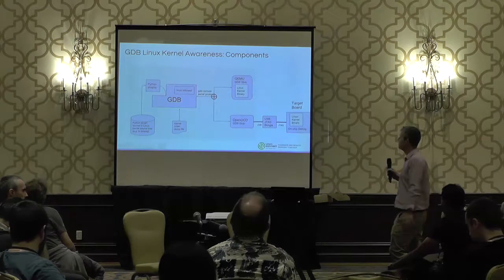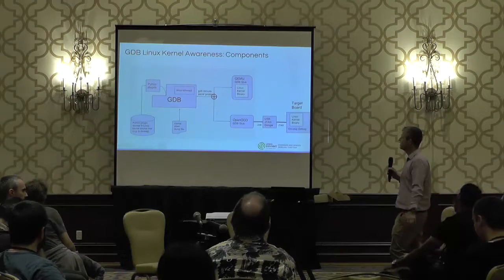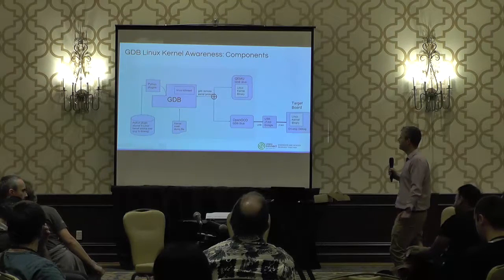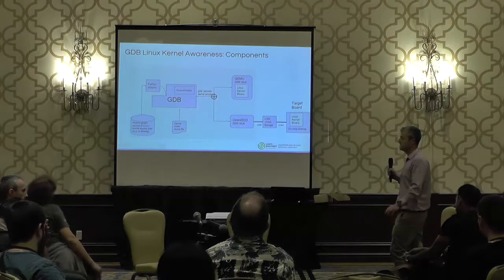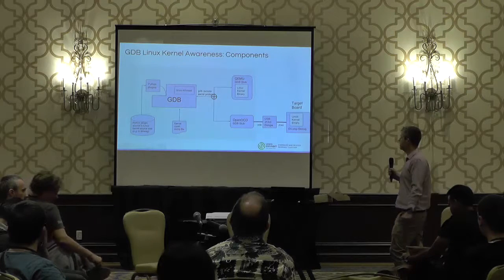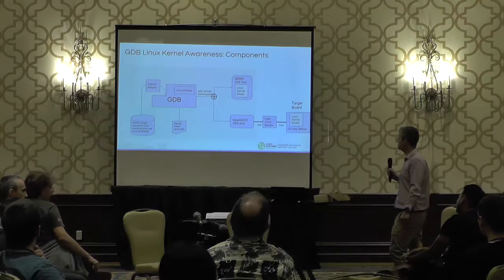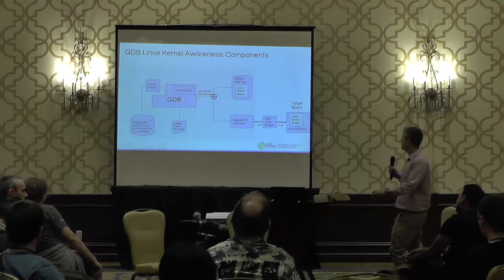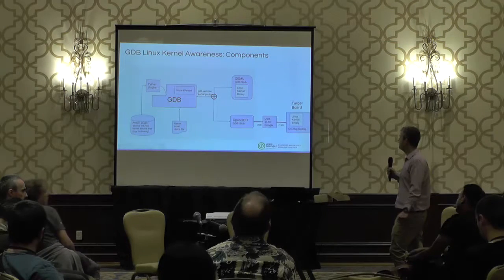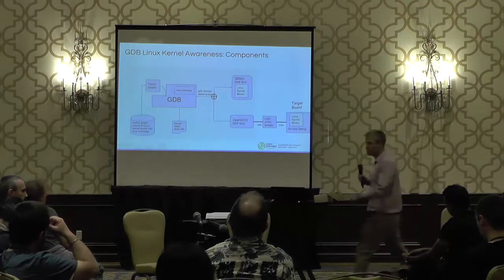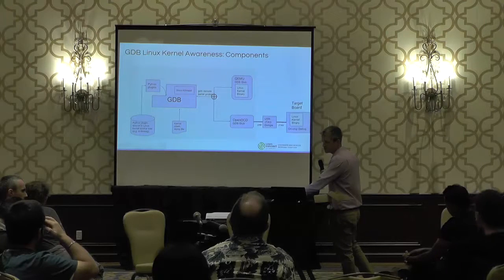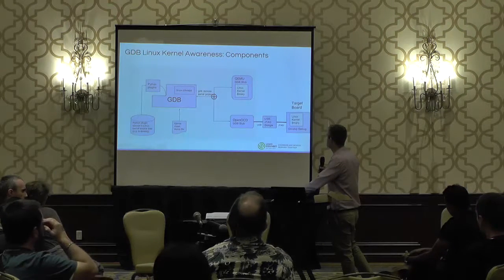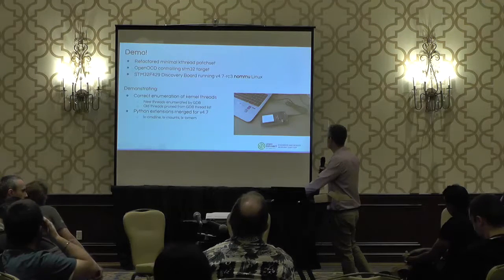So we've got Python plugins living in the kernel source, which are extending GDB, and then in GDB, we've got a C plugin called Linux K-thread, and then GDB can be connecting to a QEMU stub or an OpenOCD stub, and in the case of OpenOCD, you'd then be connecting to real hardware over the JTAG probe and your target. So that's how we're hoping to implement the awareness.